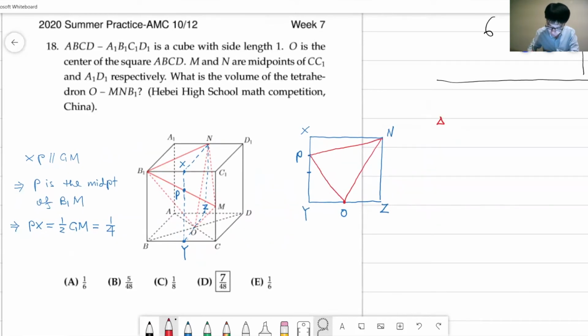Triangle PON is the base of tetrahedron MPON and B1PON. Okay, so let's calculate the area of this base.